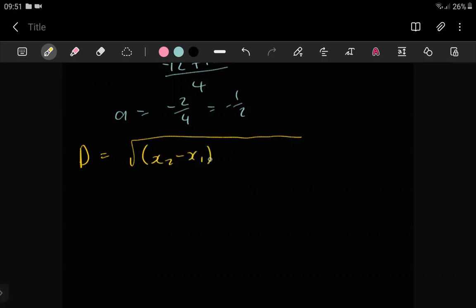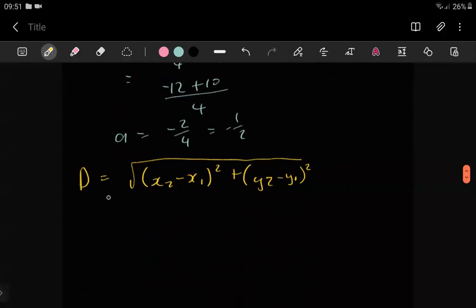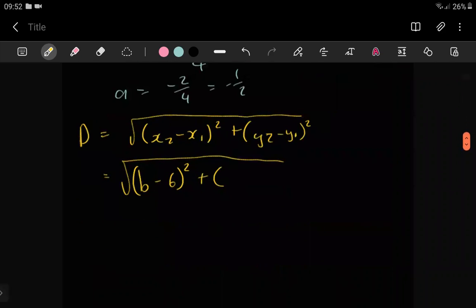Here we can say b minus 6 squared, and then -2 minus 7 squared. This is equal to 3 square root of 10.